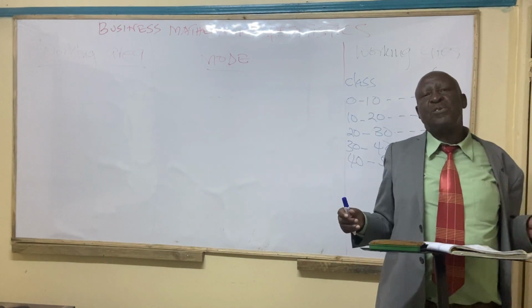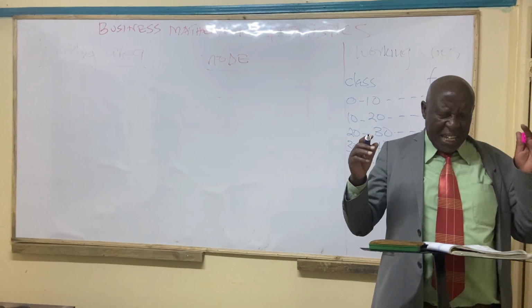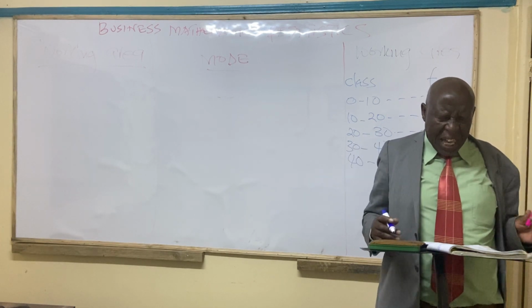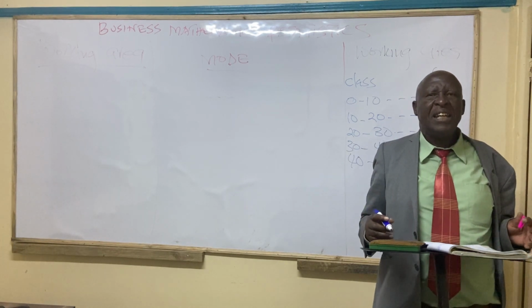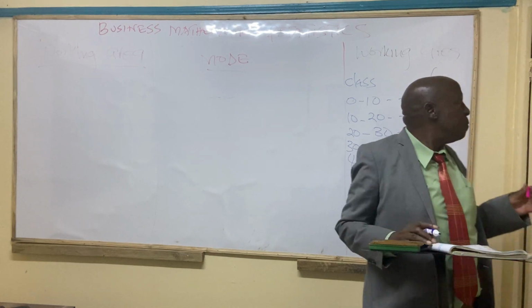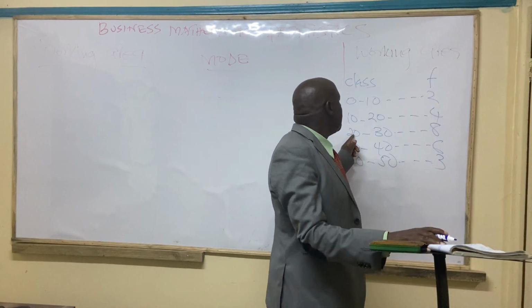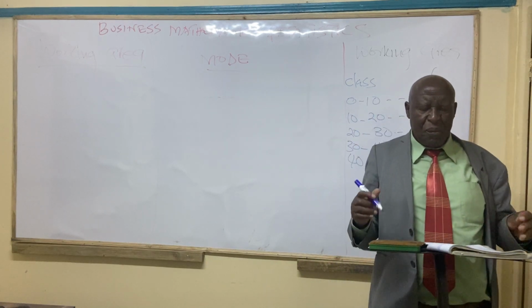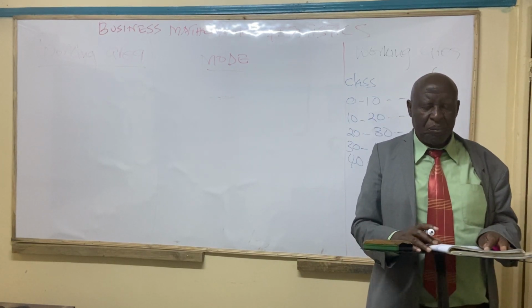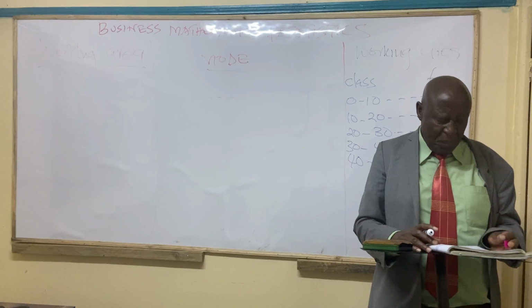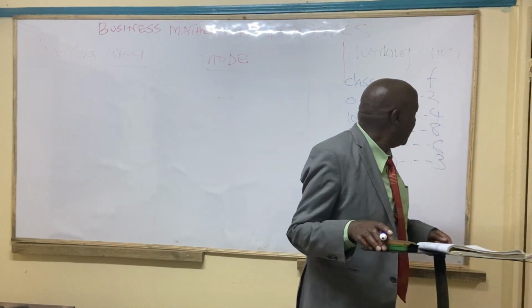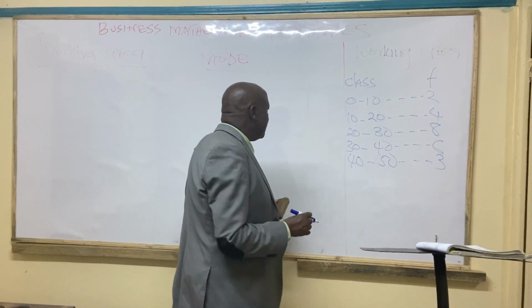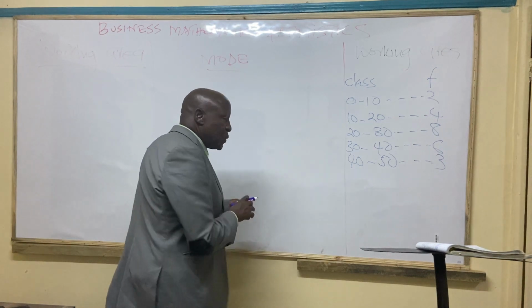So when we are asked to find approximately the mode between 20 to 30, there is a formula that we can use to calculate the mode. The formula is this way.